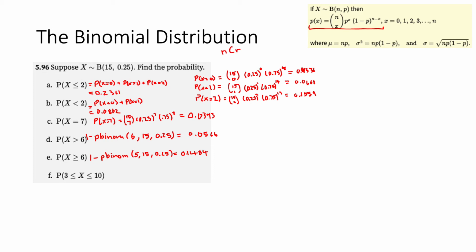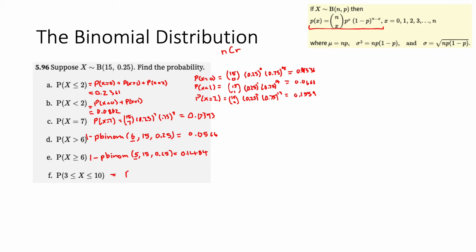Now, we've got a range here for x. And so we're going to have to be a little bit clever. Pbinom, remember, always gives us less than or equal to this value that we put in. Actually, maybe I can list this more formally so that it's easier to follow along.